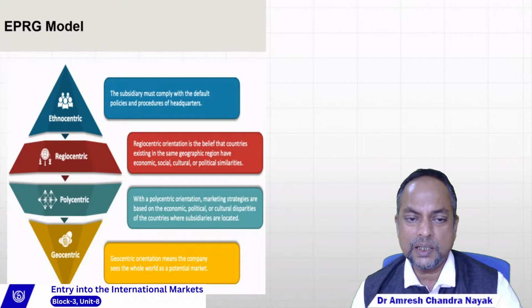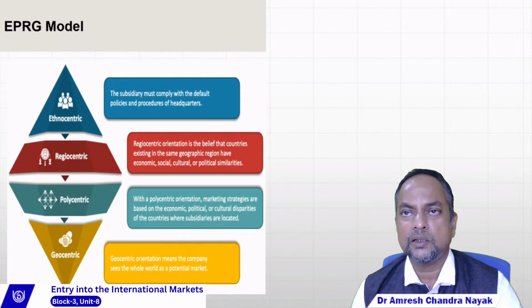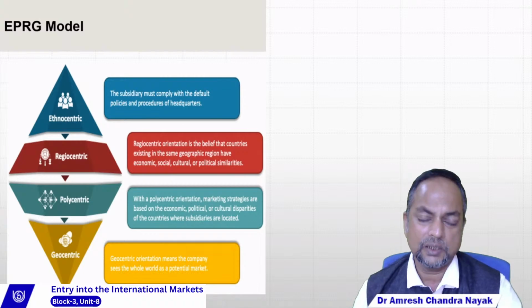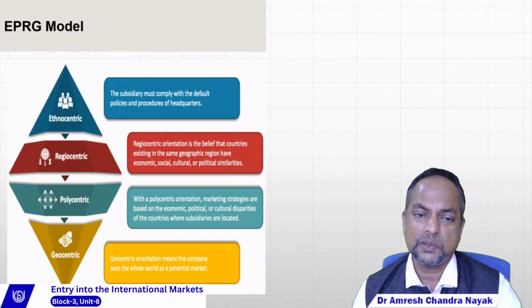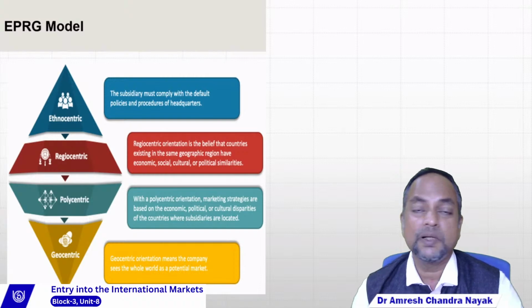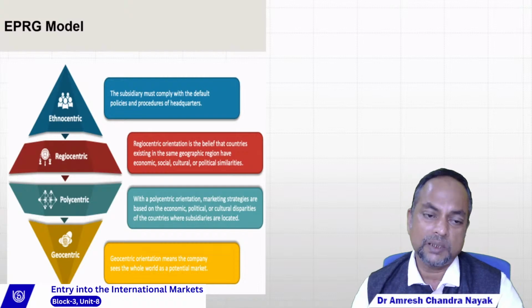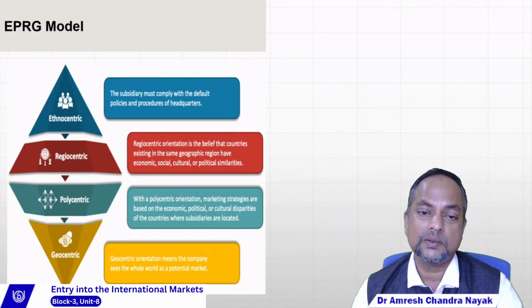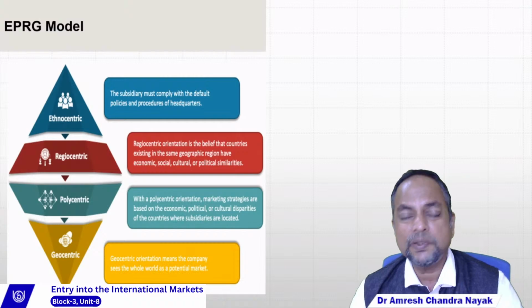So there are differences in terms of their geographical locations, or they have economic, social, cultural, political factors which may be different in terms of their applications itself. Right? But in the polycentric approach, what I need to understand is there are complete differences.